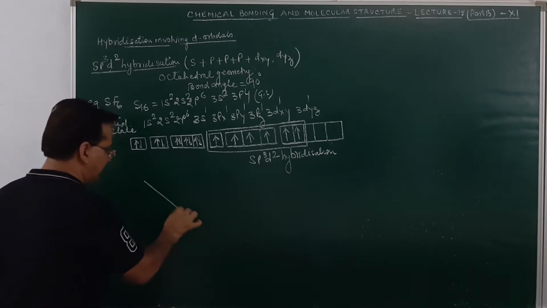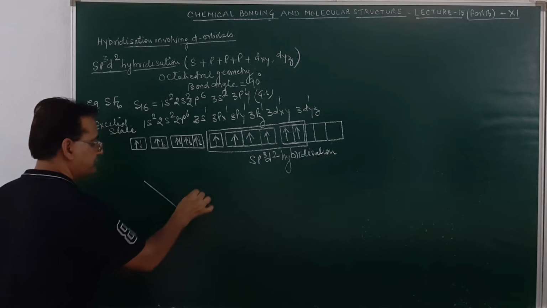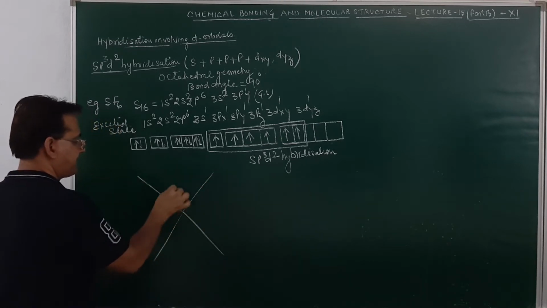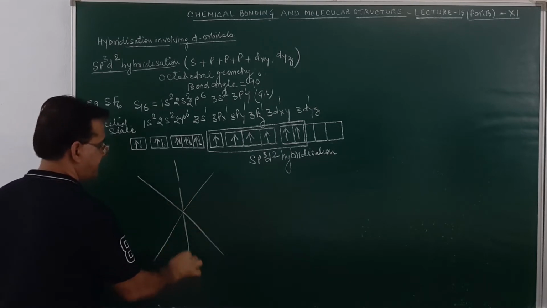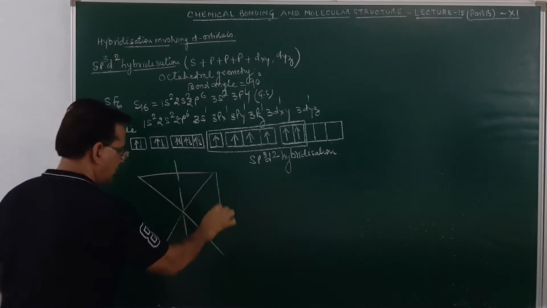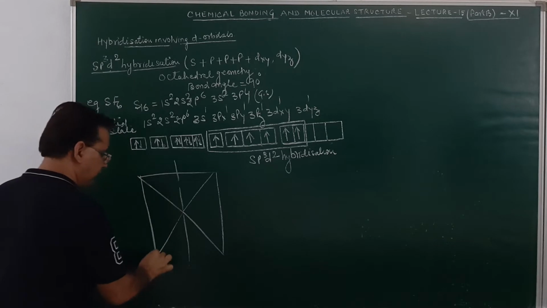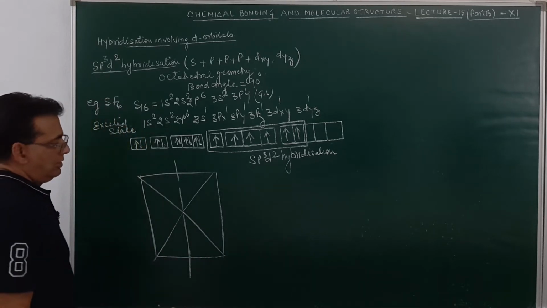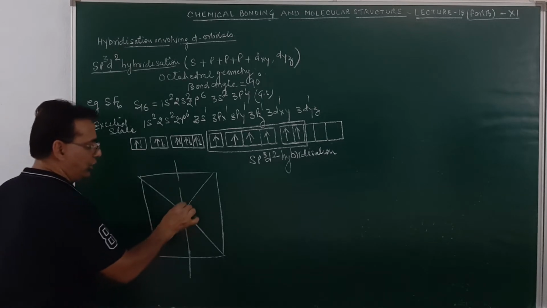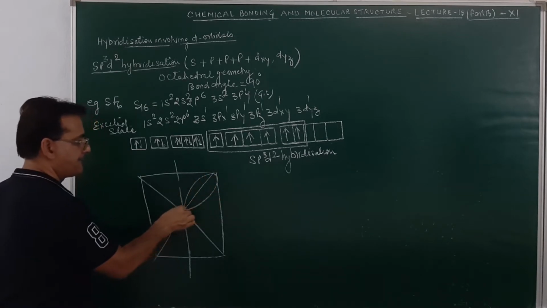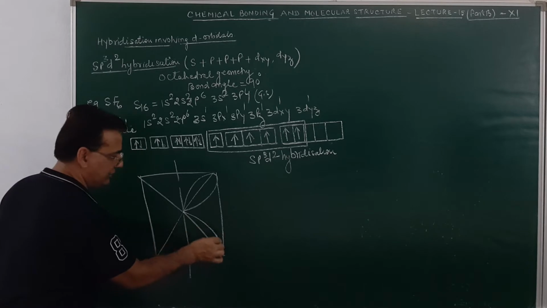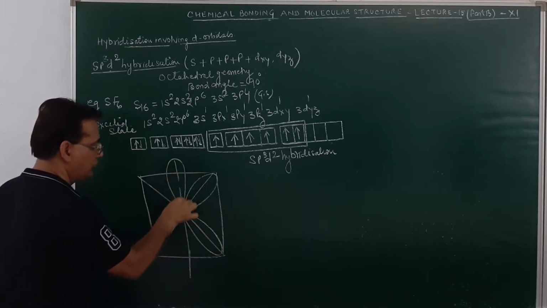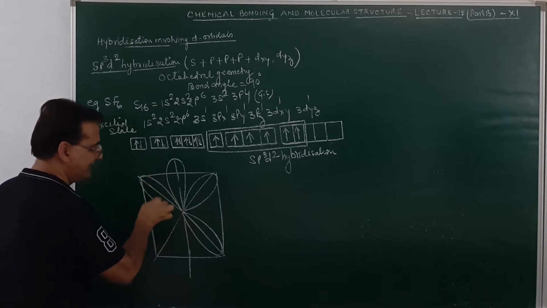What will be the octahedral geometry? This will be something like this. This is octahedral geometry. One of the sp3d2 hybrid orbitals will be this, another will be this. They will be 6 in number. One will be this, another will be this.